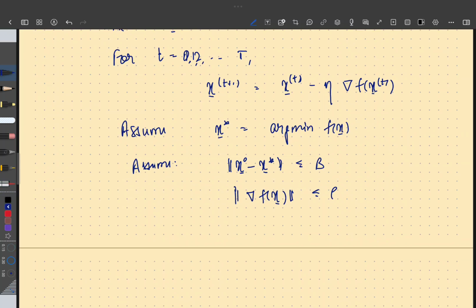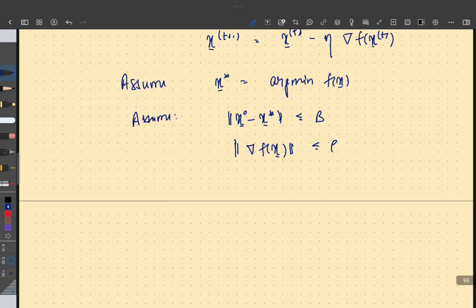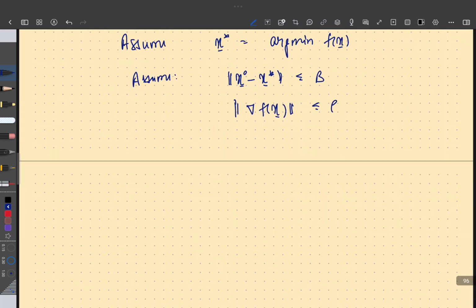Okay, so these are the assumptions that we have, and using this we want to analyze the behavior of gradient descent. Now, I won't give a full proof, but I guess we've seen this to some extent in the convex optimization course, but I'll just outline some of the main steps that were used to derive a bound on how gradient descent performs after t steps.